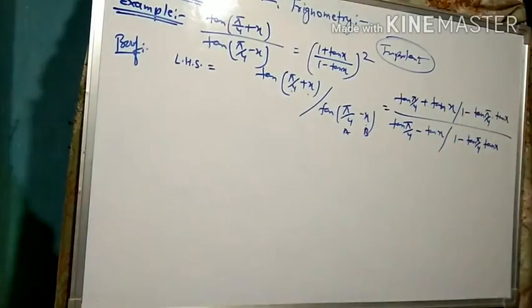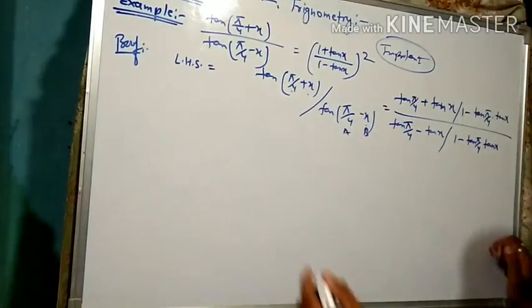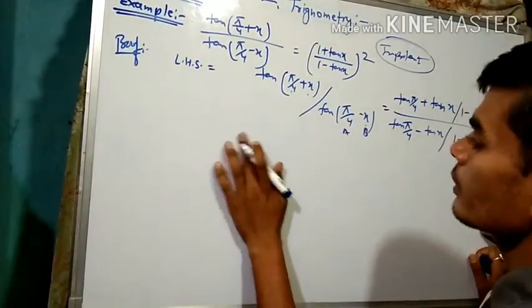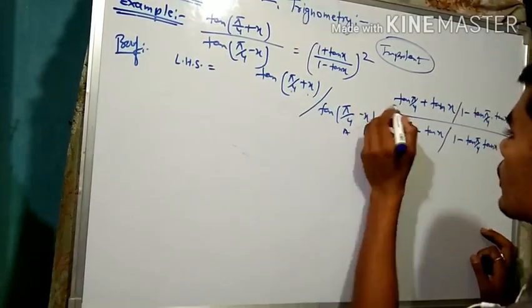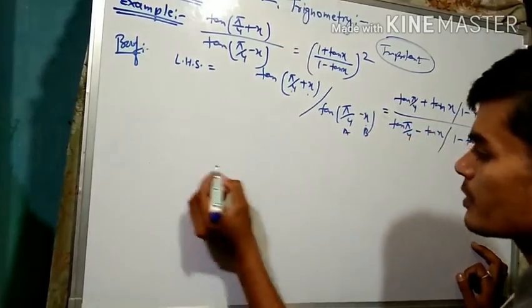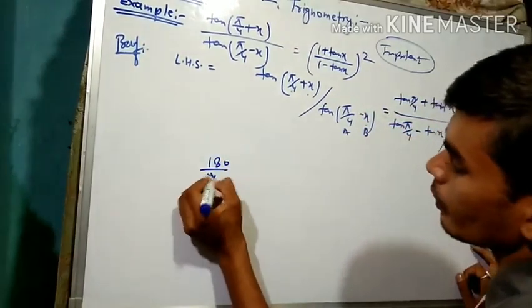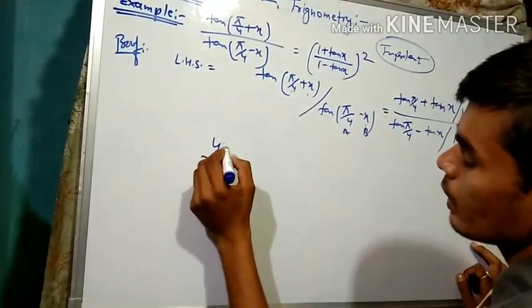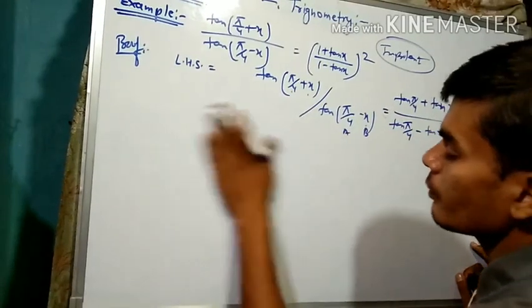Now what do we have to do? In this step, the value of tan pi by 4: pi by 4 means 180 by 4. 4 fours are 16 and 4 fives are 20, so 45 degrees.